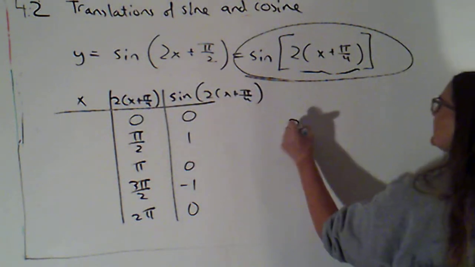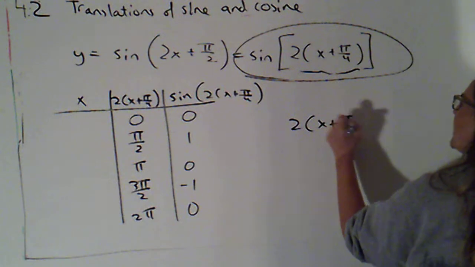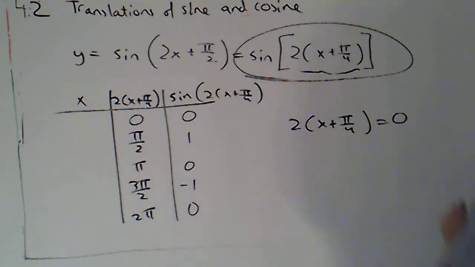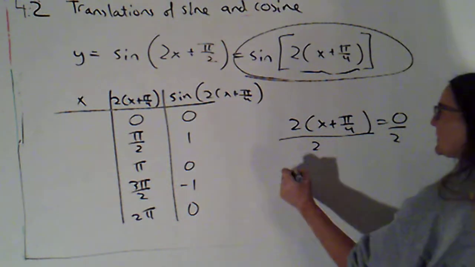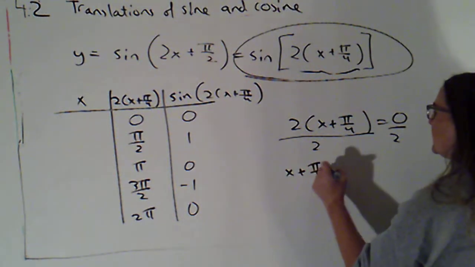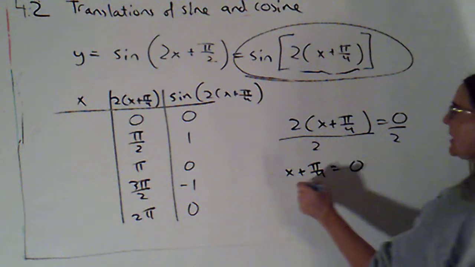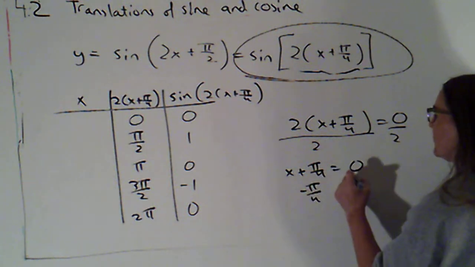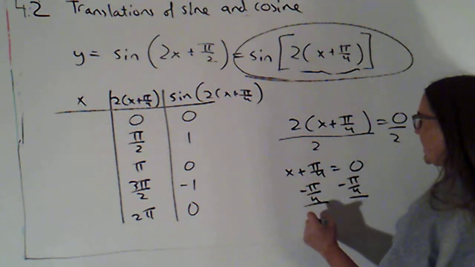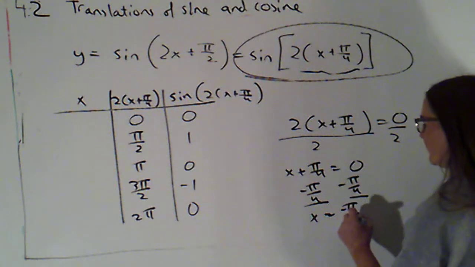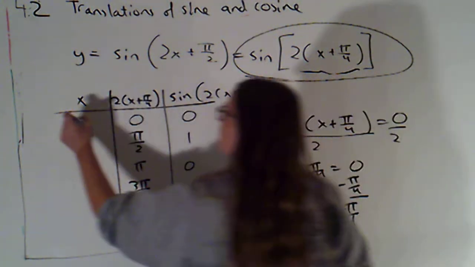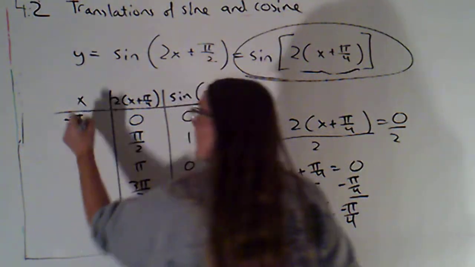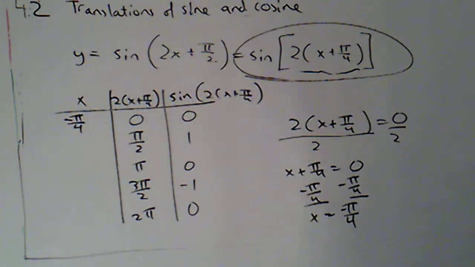Right here, this is saying that 2 times (x plus pi over 4) is equal to 0. So to solve for x, I'm going to first divide by 2. So x plus pi over 4 is equal to 0. And then I can subtract over the pi over 4. And I get x is negative pi over 4. Nice. So that's going to be my new starting point, which is consistent with what we just figured out.